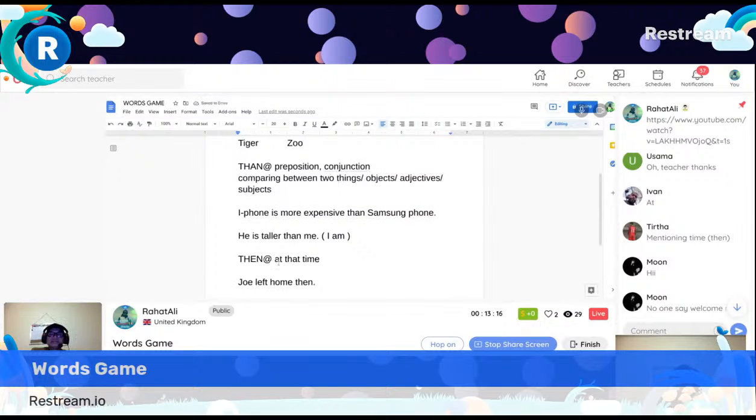Okay, this then is adverb, adjective. Is it adjective? Let me check, guys, because I'm not sure. Yes, adverb and adjective. So that's right.